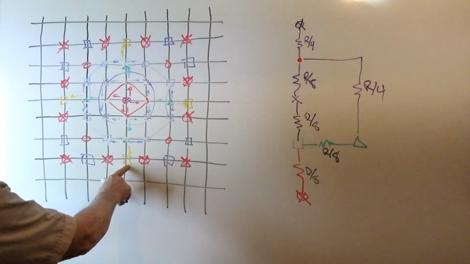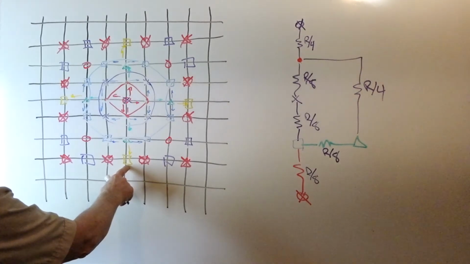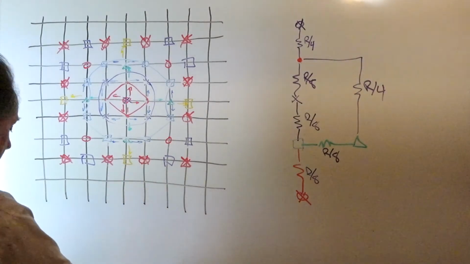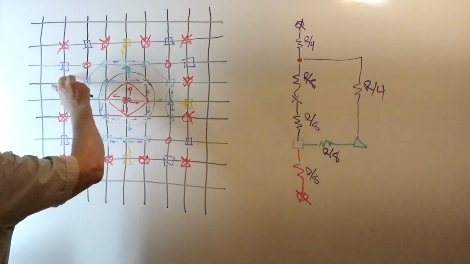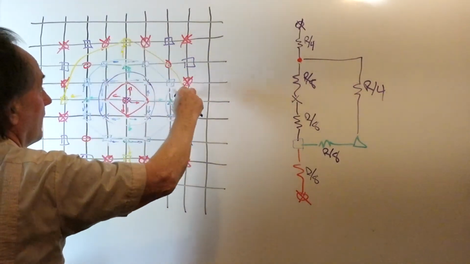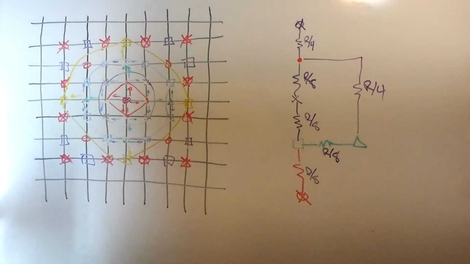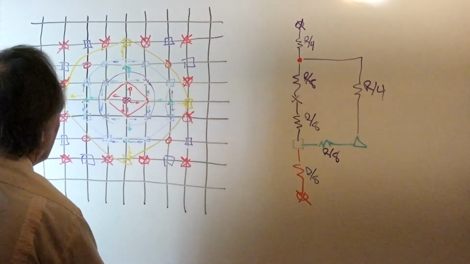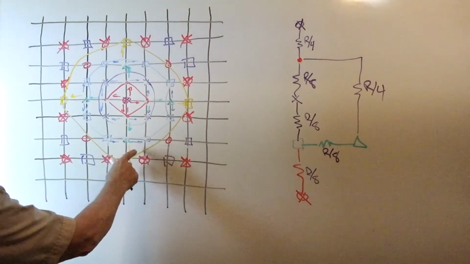say, the yellow square, and connect those up. So these are at the same potential. So how many resistors do we have in parallel between that and the blue? Well, we don't have any.